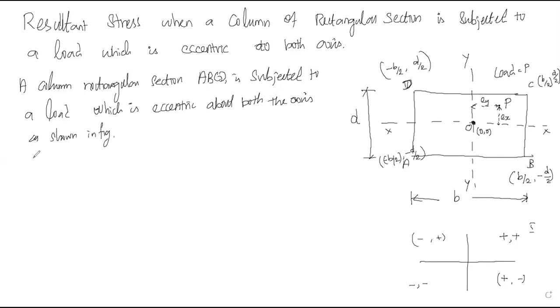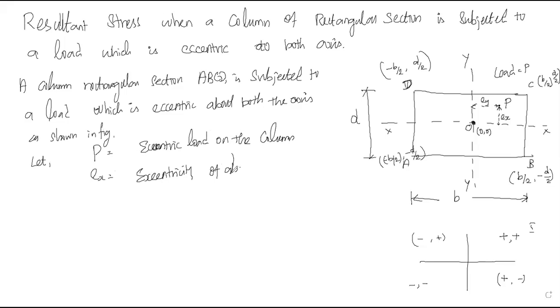Now let us consider some terminologies. P is equal to eccentric load on the column. Ex is equal to eccentricity of load about x axis.